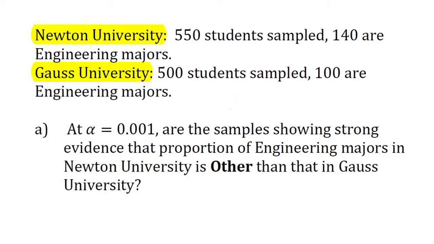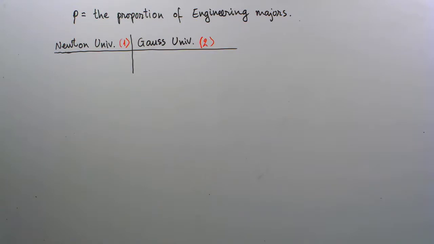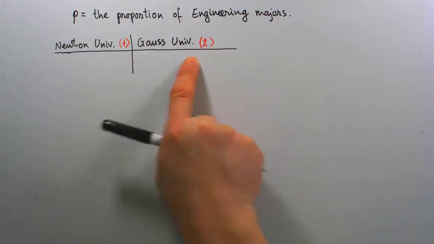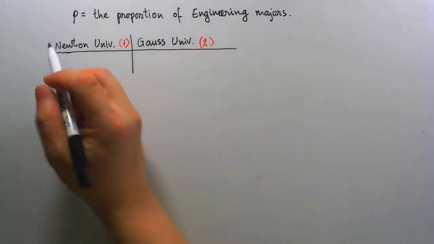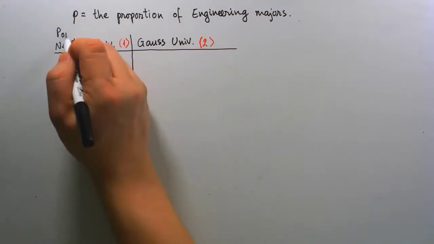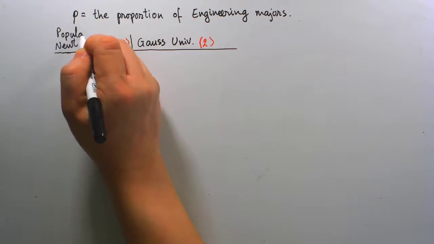And so in that way, back on my writing board, once we have decided for ourselves the numerical labeling convention, clearly I can now refer to Newton University as population number 1.